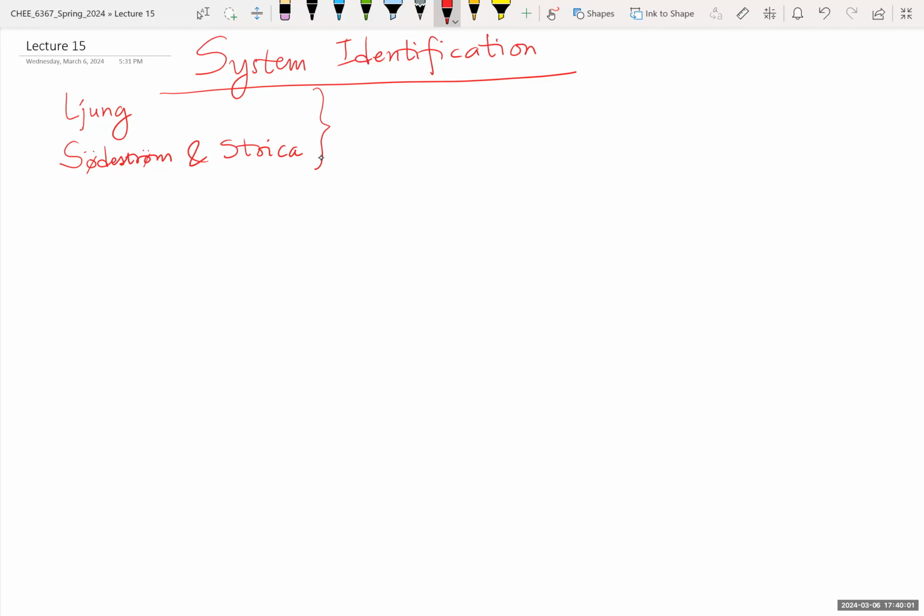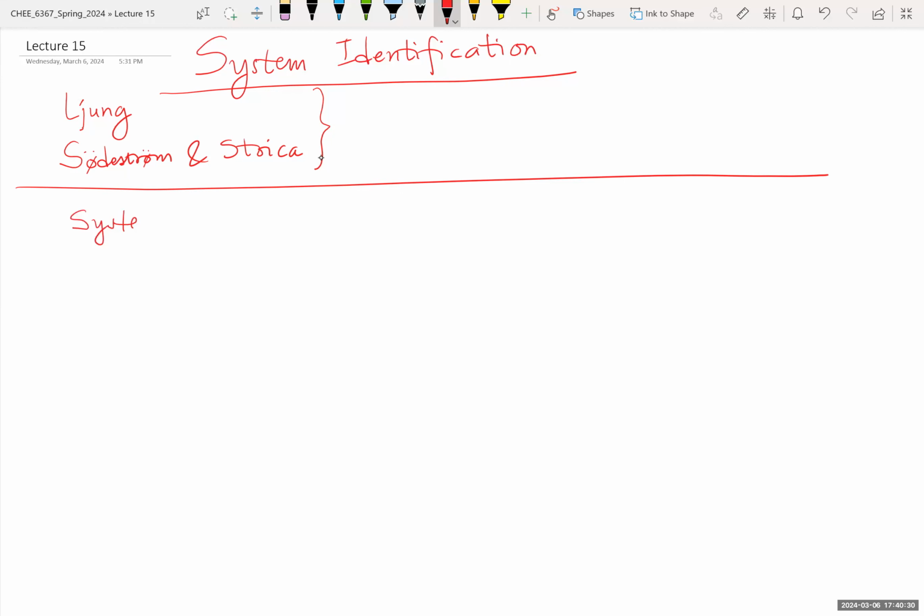Well, what do you identify? You identify a dynamic system. So you build a model, and the model relies on some data that you have available, either historical or deliberately generated through an experiment.